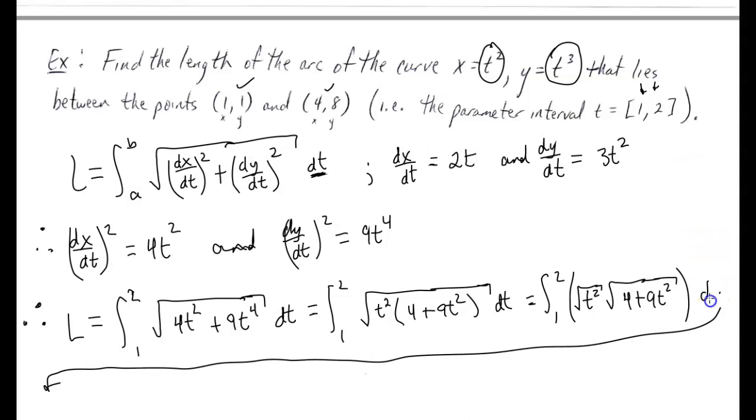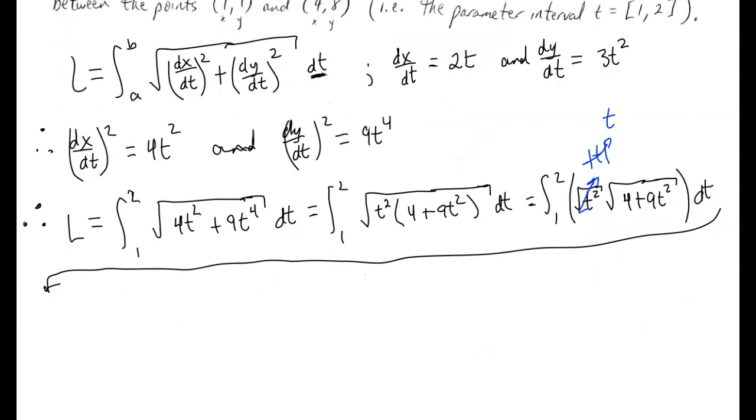Now we know that the square root of t squared is just the absolute value of t. Since t is on a closed interval where it's always going to be positive, we're just going to write that as t.